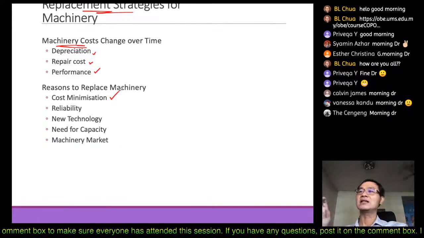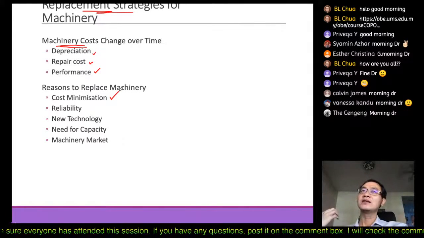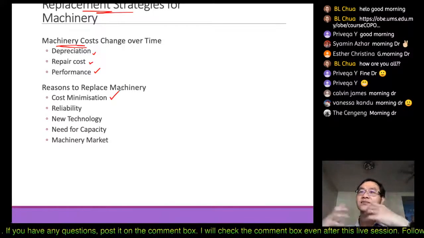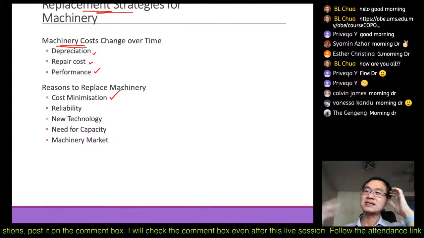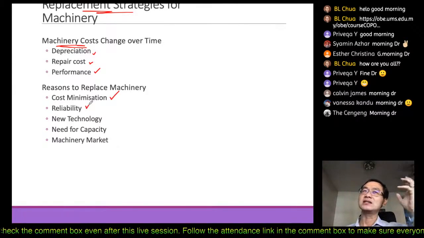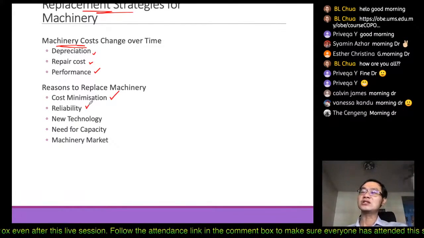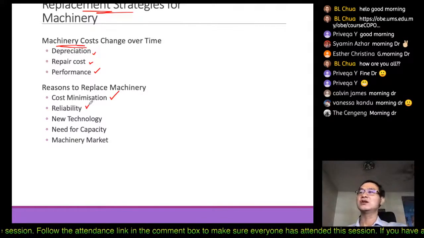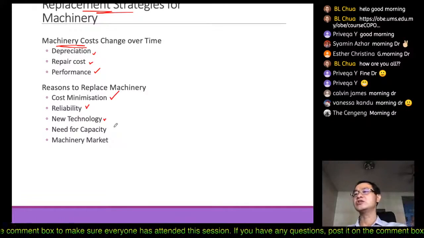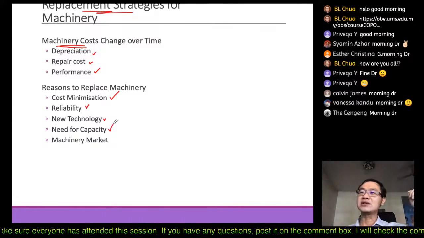Why? They have to do the calculations whether the fuel saving is justified to replace the existing one or not. Also the reliability, whether it's lesser maintenance or not, is it worth changing? Then also whether we have to match a new technology, whether there is an increase in capacity.